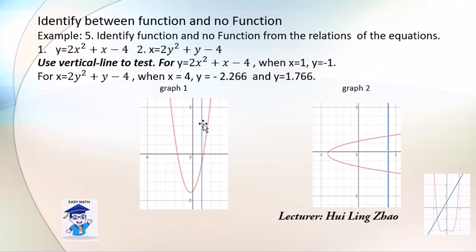When we draw a vertical line, there's only one intersection point, so this is a function. But graph 2 opens to the right. When I draw a vertical line there, we can see two intersection points, so this one is not a function.